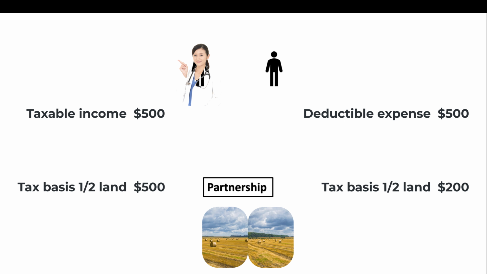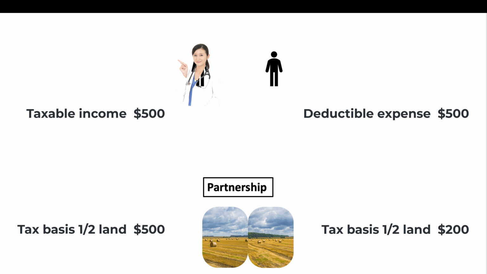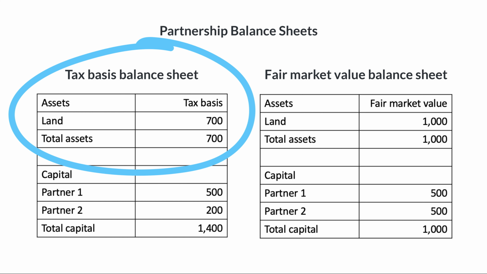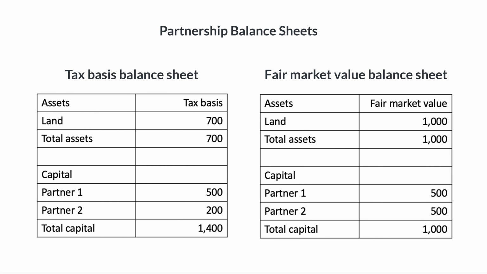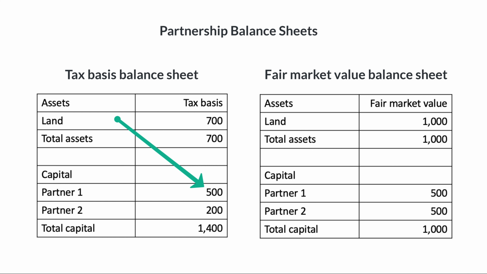The tax basis balance sheet and the fair market value balance sheet summarize the transaction. The partnership owns the land, and the land has a $700 tax basis, $500 from the doctor's half, and $200 from Partner 2. The fair market value of the land, though, remains at $1,000. The doctor's tax basis in her partnership interest is $500, which is equal to her tax basis capital account.